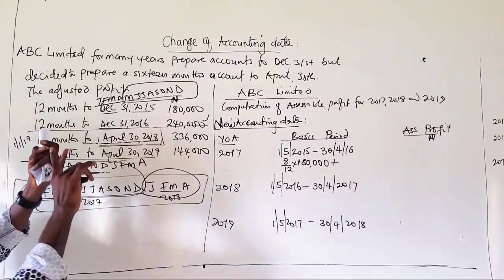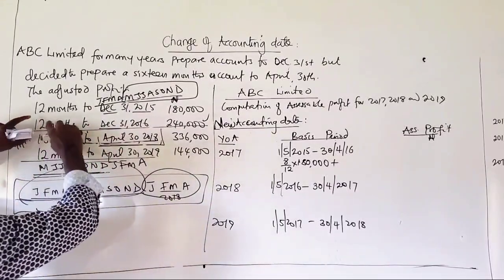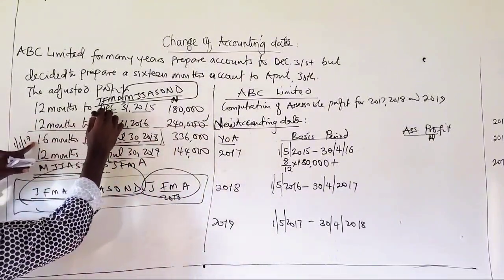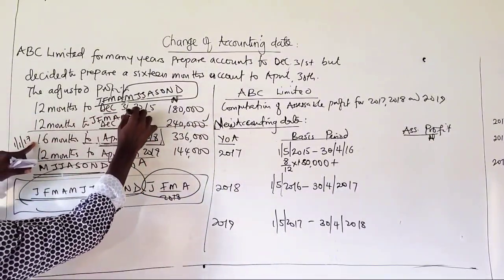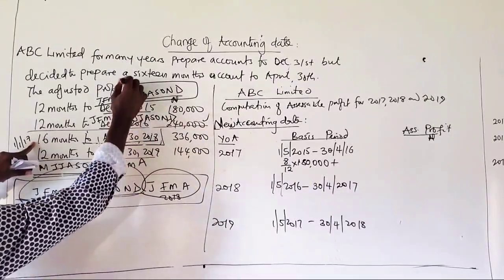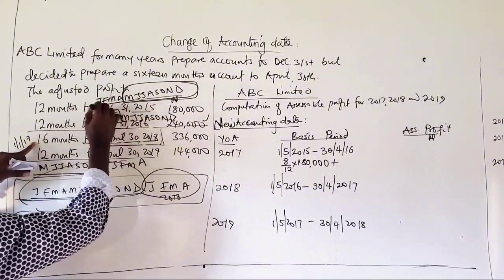Then the remaining months, January, February, March, April, 4 months, fall in this next period. Because this same period will also be from January, February, March, April, May, June, July, August, September, October, November, December. So we're looking for May to April.